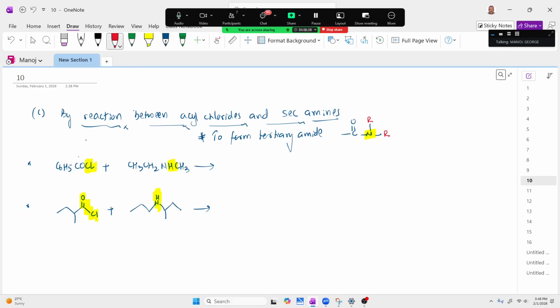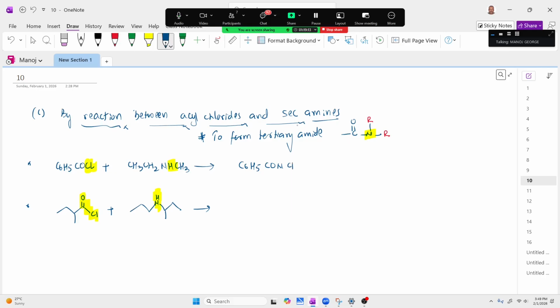So you have to connect this bit with this one. Okay, so you got to connect that bit with this one. Have you done? How do we write it? Okay, hold on. So you should have got C6H5CON, and then you see there is a CH3 and there is a CH3CH2.